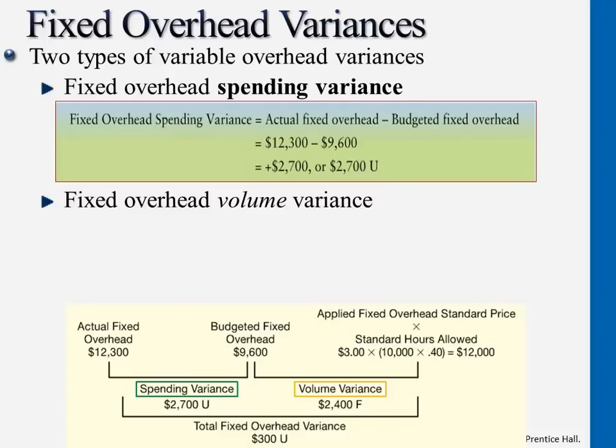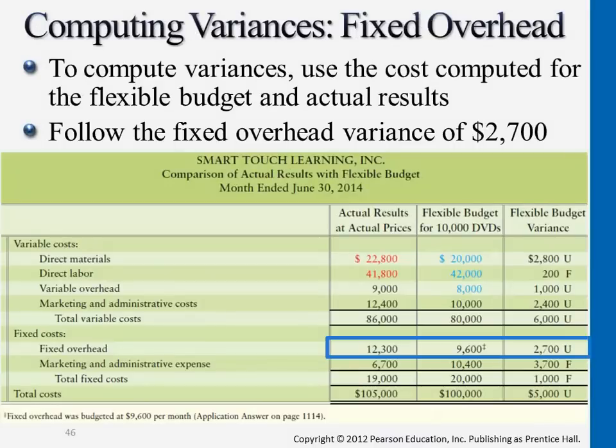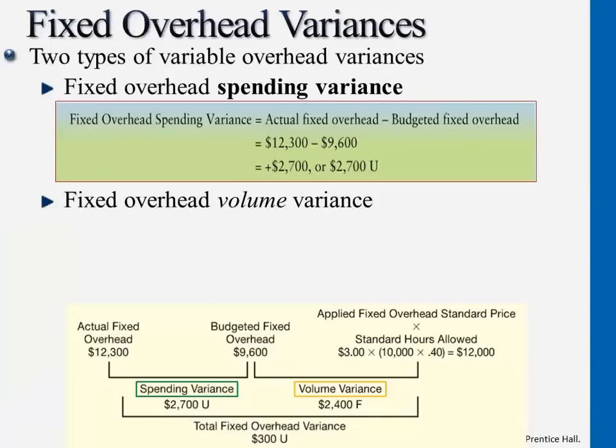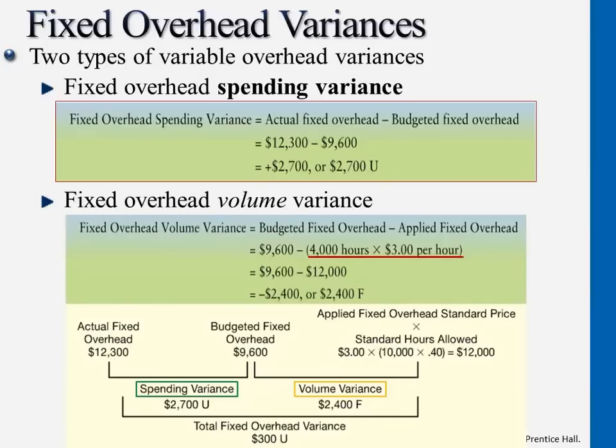So what the spending variances means is, in reality, the differences between what we actually spent and the flexible budget, 9,600. Okay. So what this 9,600 means, you can just understand it as using the standard cost that we used earlier times the total allowable hours. Remember, 4,000 hours was allowed for 10,000 DVD outputs.